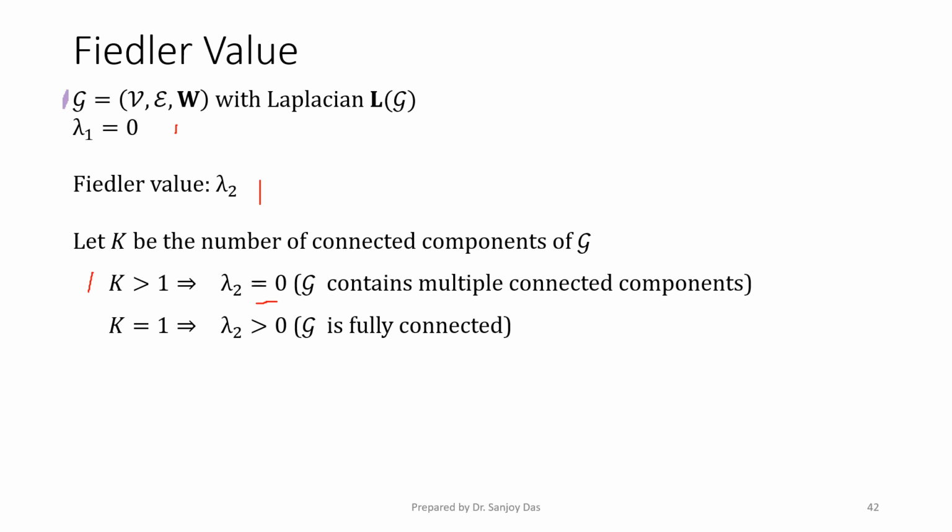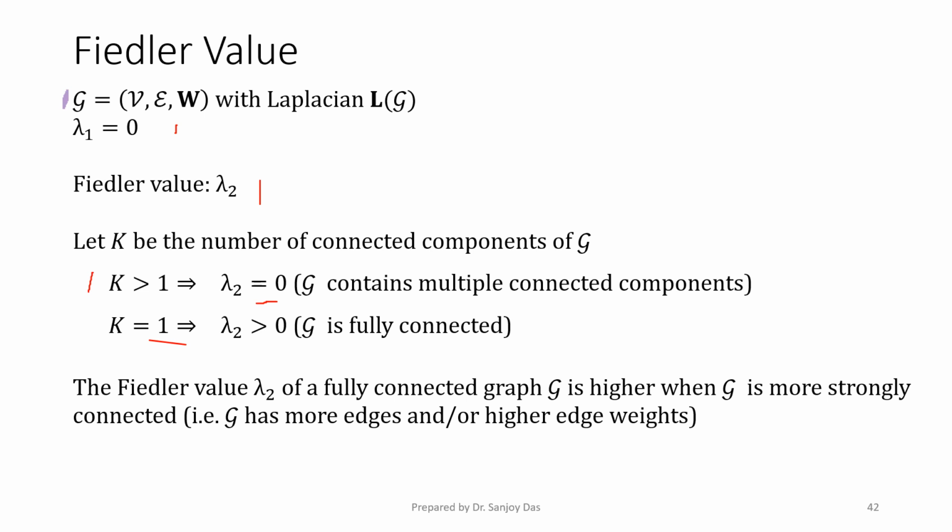When k equals 1, then lambda 2 is strictly greater than 0. But the value of lambda 2 tells us how well connected the graph is. If G has more edges or higher weights, then lambda 2 will be more.